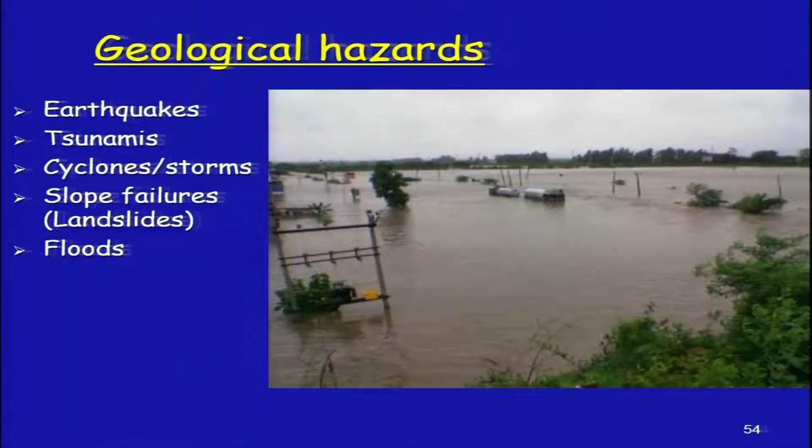This is an example from Surat 2006, and here we will also talk about whether most of the floods which are experienced are man-made, where there is an influence of humans, or purely related to seasonal variations, or maybe heavy rainfall. Okay.